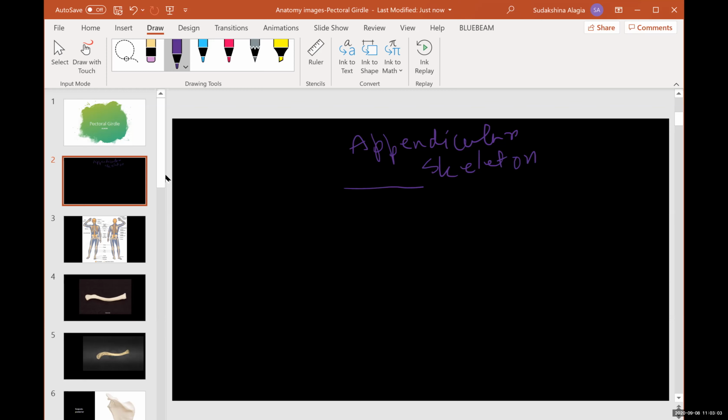Appendicular, break down the term. What does that mean? What does it include? That term comes from appendages, which basically stands for your upper and lower extremities, our arms and our legs.